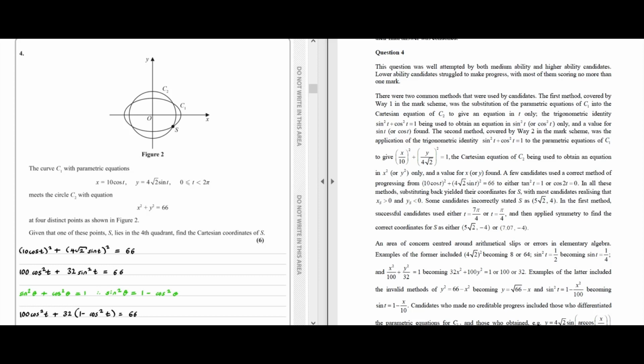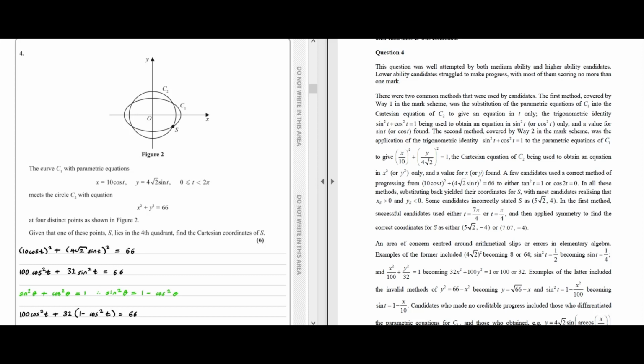Question number 4. This was well attempted by both medium ability and higher ability candidates. Lower ability candidates struggled to make progress, with most of them scoring no more than 1 mark. There were 2 common methods that were used by candidates. The first method, covered by way 1 in the mark scheme, was the substitution of the parametric equation of C1 into the Cartesian equation of C2 to give an equation in t only, and that's what we did.